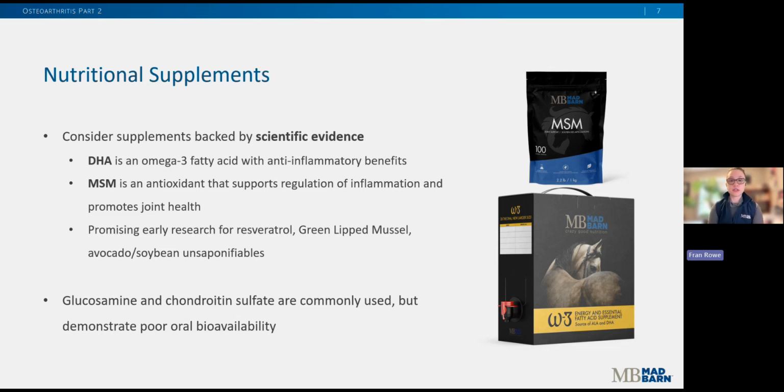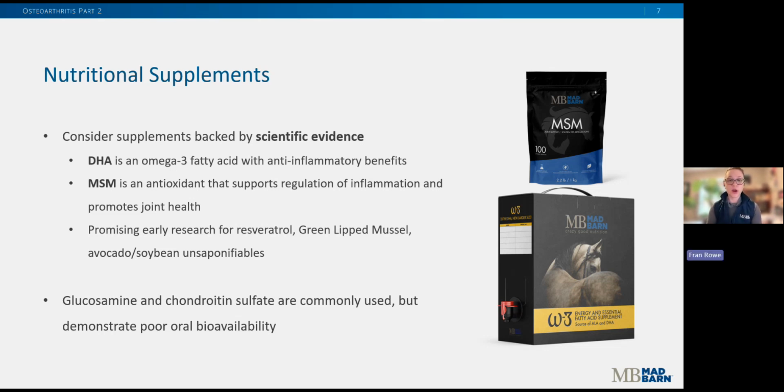My recommendation is to really focus on the products or the ingredients in those products that are backed by the most scientific evidence and research. So the two that we like to recommend most often are DHA, which is an omega-3 fatty acid that has anti-inflammatory benefits, and then MSM, which has been around for a really long time, but it's an antioxidant that supports the regulation of inflammation and really promotes joint health.